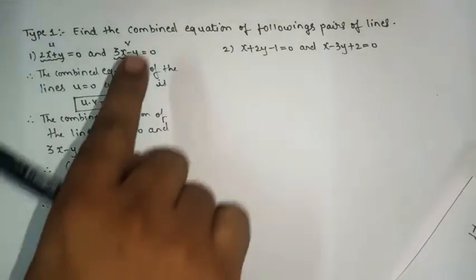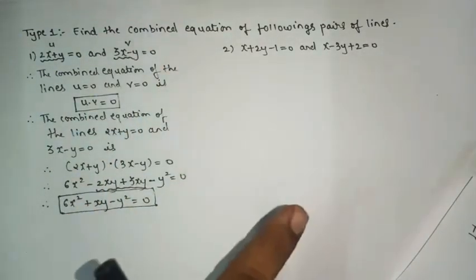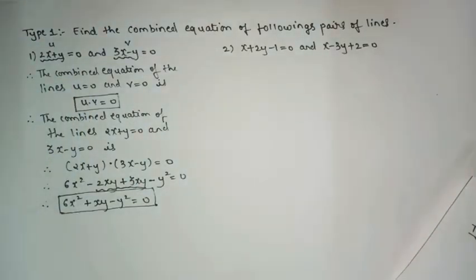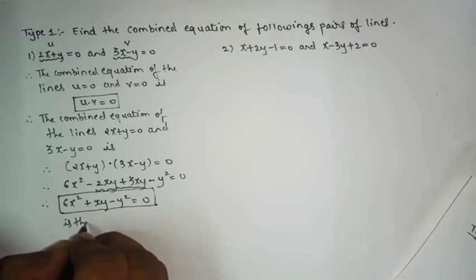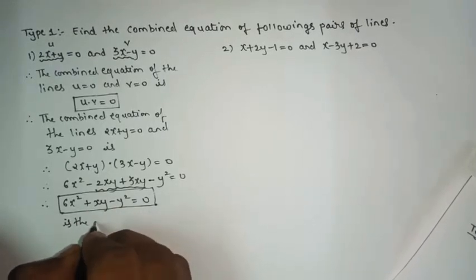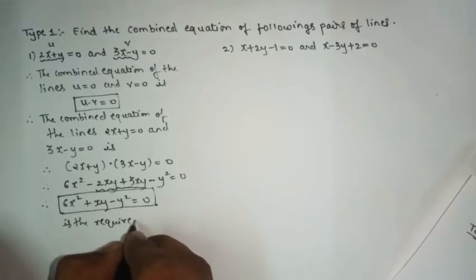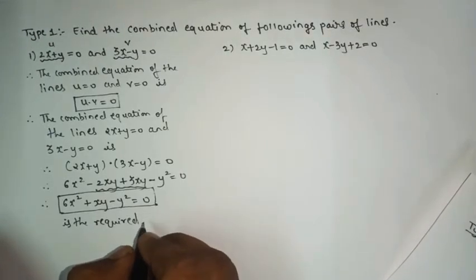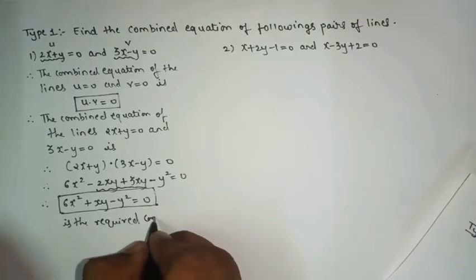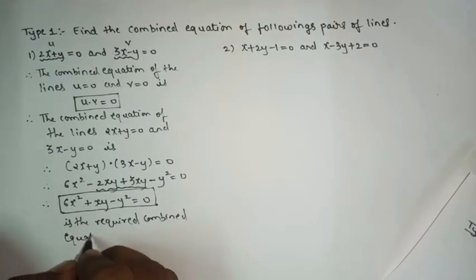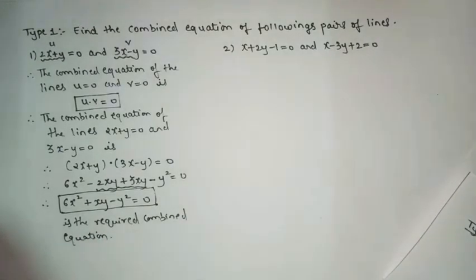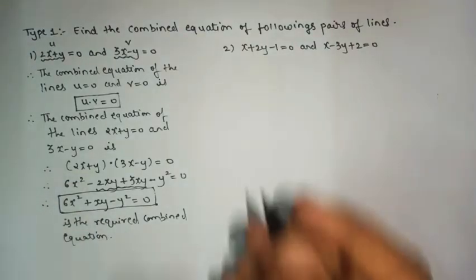So remember this: combined means quadratic, separate means linear. Okay, so the next step you will write is, this is the required combined equation. Got the point? Okay, move on to the next one.